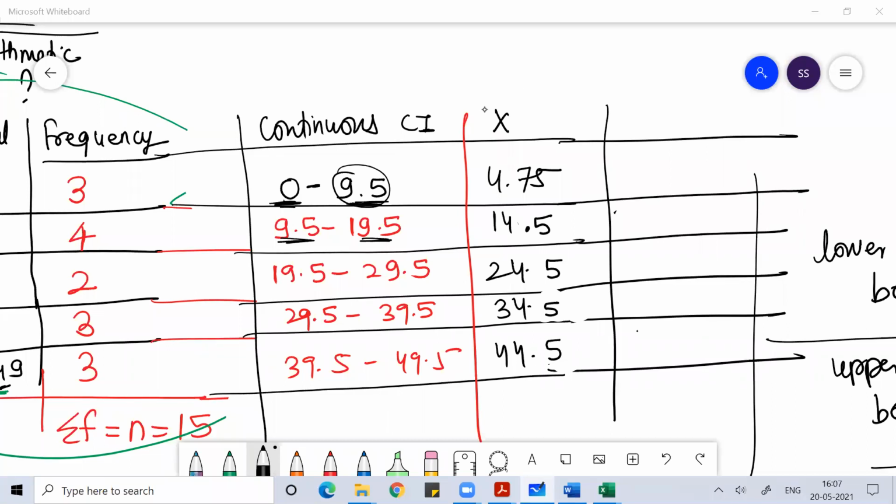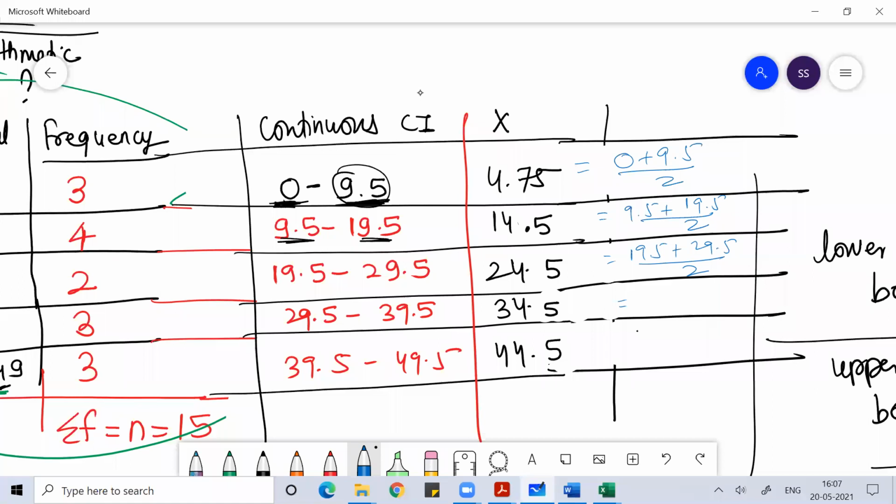So Mega, which part do you want me to repeat? Nothing we have to do, Mega. Just add the lower class boundary plus upper class boundary divided by 2. So this you have to do. This here is 0 plus 9.5 by 2. This is 9.5 plus 19.5 by 2. This is 19.5 plus 29.5 by 2.